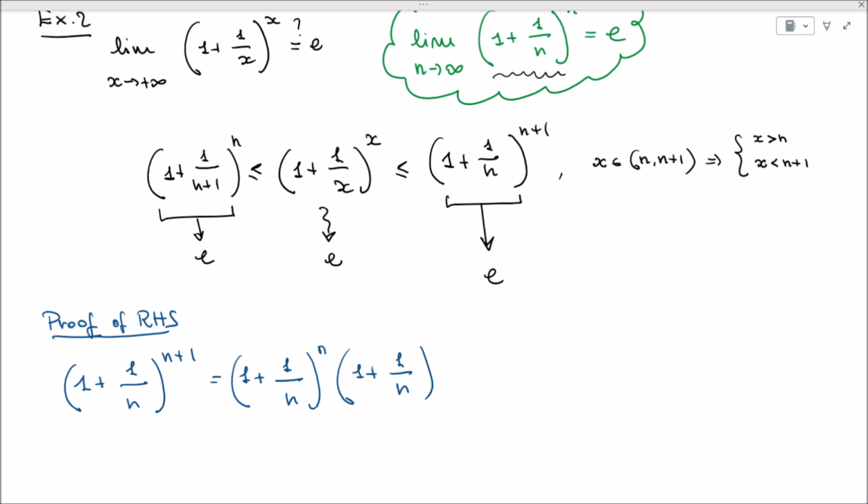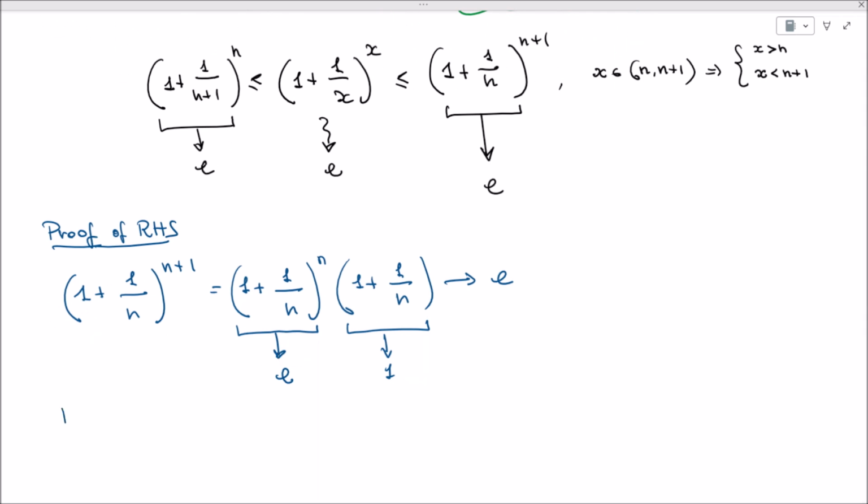And clearly we know that the first factor will converge to e, because this is one of the fundamental limits. But look at this, as n goes to infinity, the term 1 over n tends to 0, so this will tend to 1, which finally proves that this will indeed tend to e.